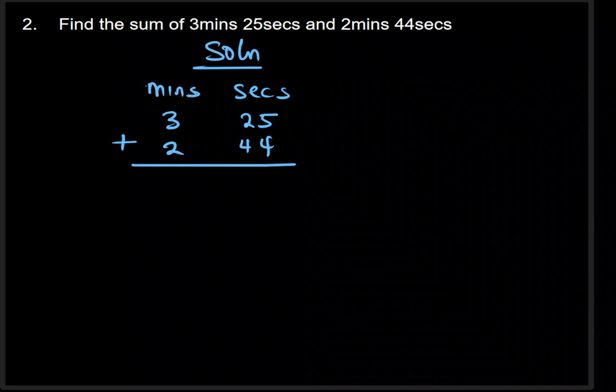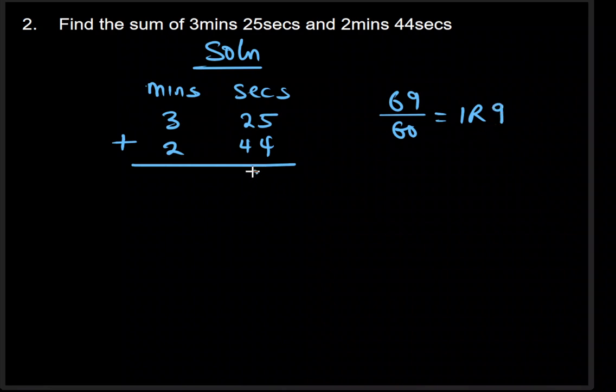Once it crosses 59 to 60, once it enters from 60 upward, you have to divide by 60 and then you do what you should do when you are adding. So let's see, 25 plus 44, that will give us 69. We can't put 69 here because 69 has crossed the benchmark we had, which is 59. So we take 69 divided by 60, and that will give us 1 remainder 9.